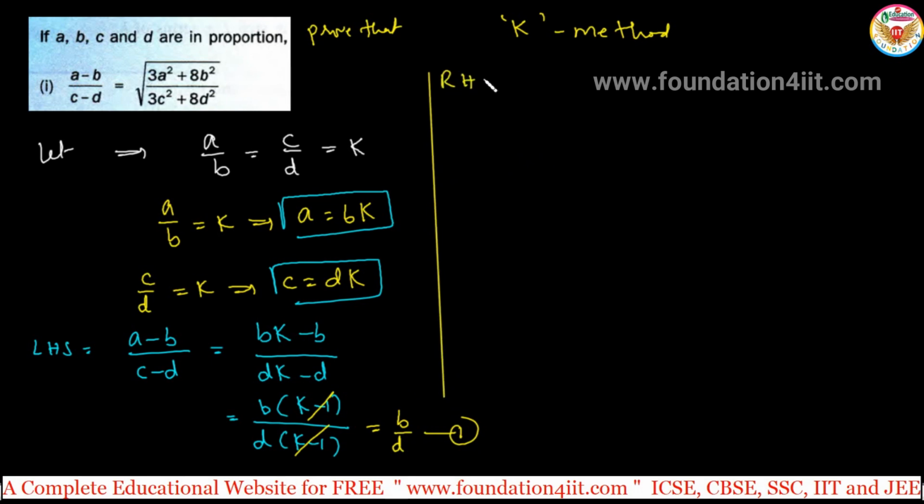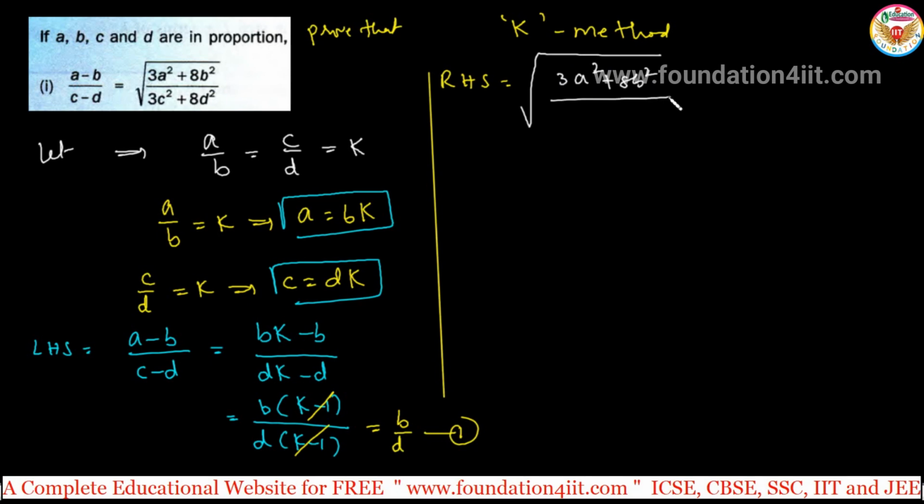Now when you come to this RHS, square root of 3A square plus 8B square by 3C square plus 8D square. Same replacement, so by replacing, the entire LHS and RHS are in terms of B and D only.